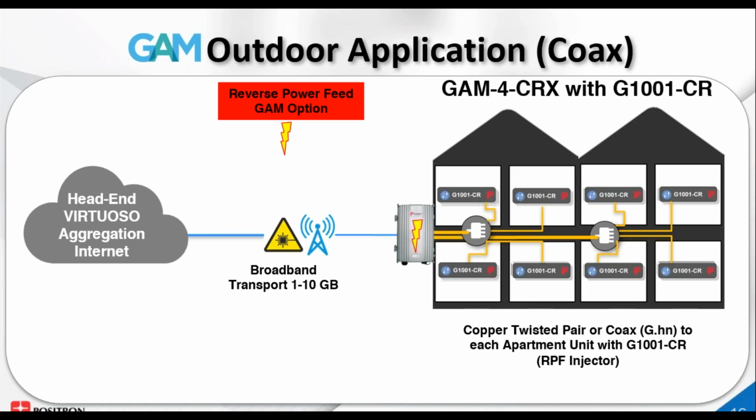When we have multiple subscribers over a Coax port, they all contribute evenly. It's not the first one that does 60% and the other ones do 20% each. Everybody contributes the same way. And then we have another splitter, and we can keep going like this, either up or lateral, depending on the nature of the building. So with a 4-port Coax GAM outdoors, at the maximum split, you can serve an MDU of 64 doors.